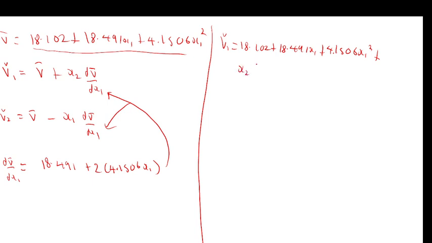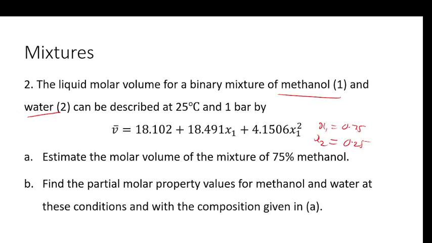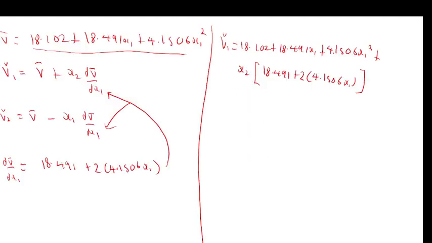So x2 times 18.491 plus 2 times 4.1506 x1. So we said x1 was 0.75 and x2 was 0.25, so we can put that into these two expressions.